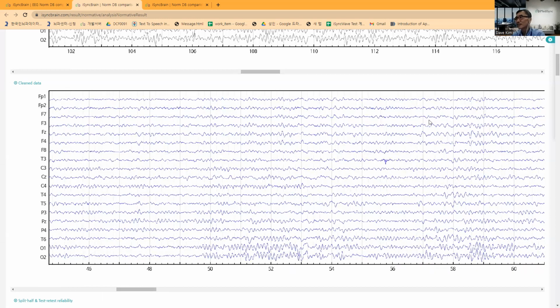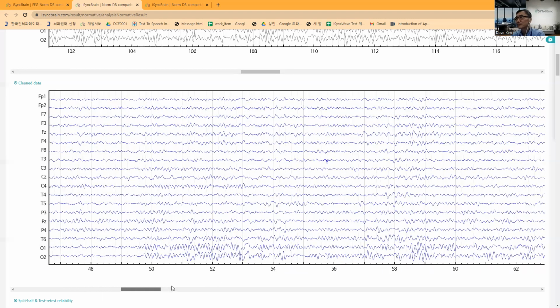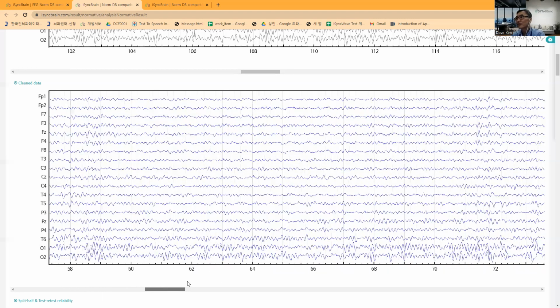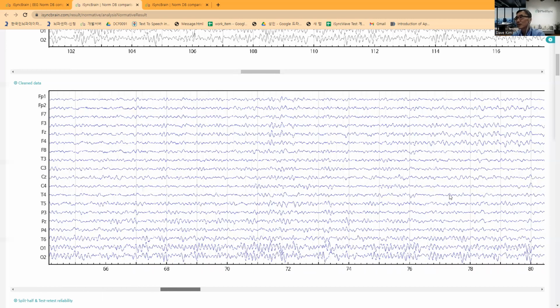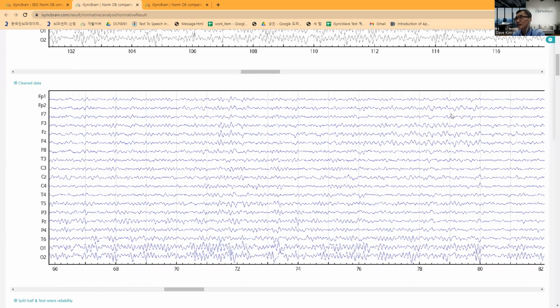You can see the slow wave here too, and we can also see the slow wave here like this. This is the alpha activity around 10 hertz. This is 1 second. There are 10 ups and downs in the 1 second period. And this is another 1 second. There are only 5 or 6 oscillations. This is the frontal theta activity.